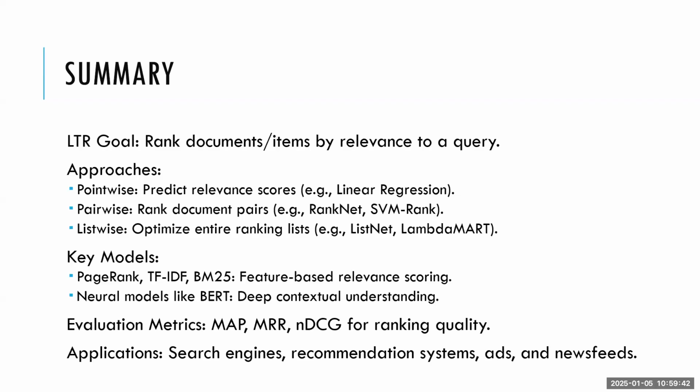For pair-wise, you also want to learn the score for each document, but the way you compute the loss function is you take the difference between the 2 pair and compute the loss function. For list-wise, you take a list and then compute the loss function.